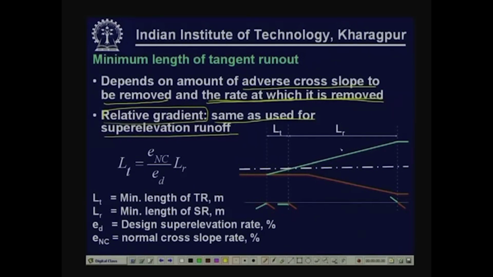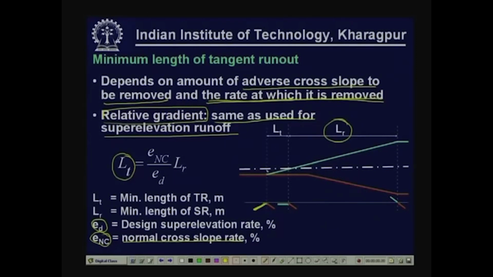So, look at this sketch now. If LR is the length of runoff that is required to achieve design super elevation ED, then to remove this normal cross slope ENC indicated here, this is the normal outer edge position, whatever length is required, that is nothing but the tangent runout. So, LT is ENC by ED multiplied by LR. This is basically because the same relative gradient is used.